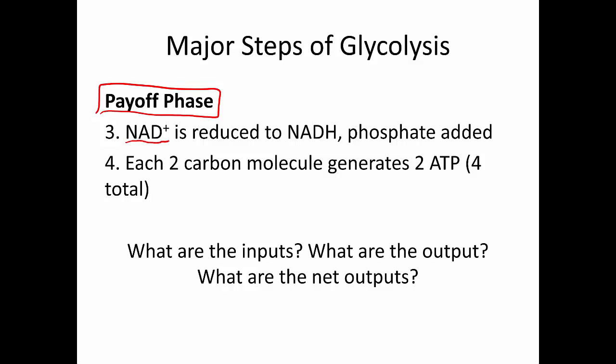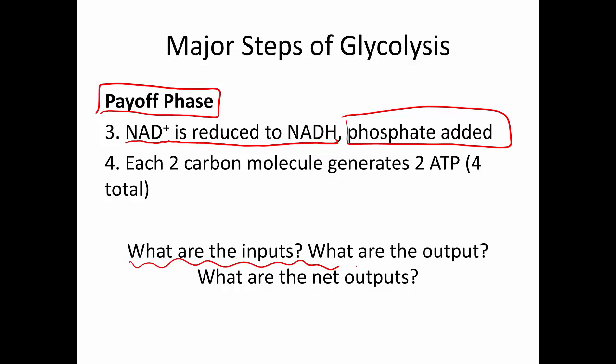Next, we have NAD+ reduced to NADH. During this process, phosphate is added. Each of those 3-carbon molecules had a phosphate on one end, and now we have a second phosphate group added to each. Step 4, each of those 3-carbon molecules generates 2 ATP, for essentially 4 ATP total.